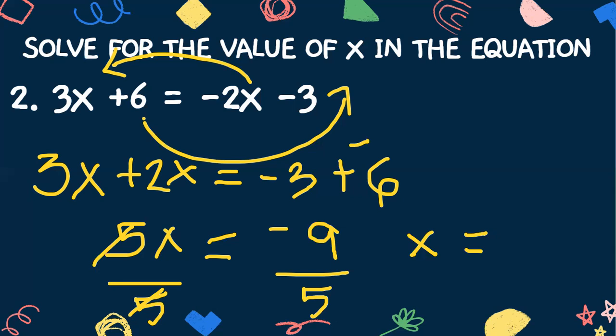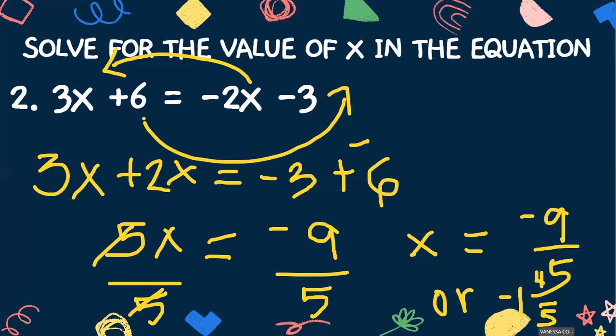So, pwede na rin po yan. Negative 9 over 5. Or, pwede rin naman negative 1 and 4 over 5. Okay?